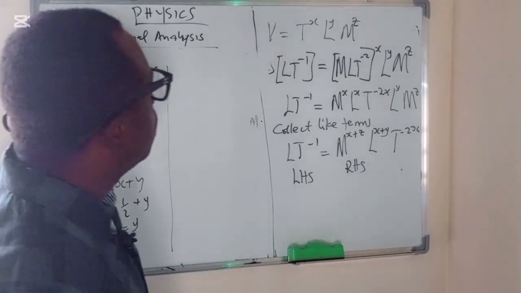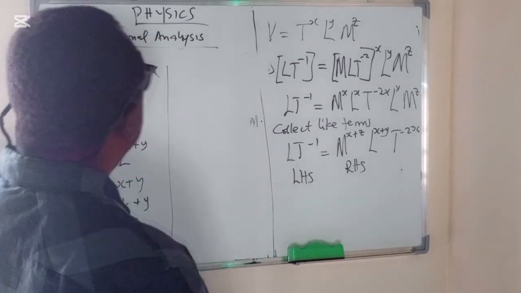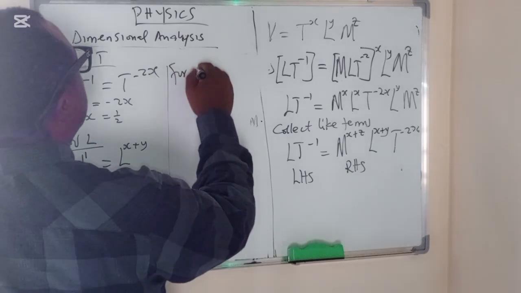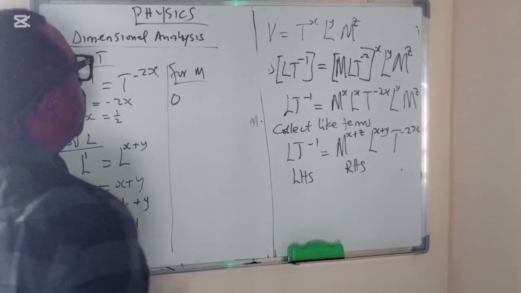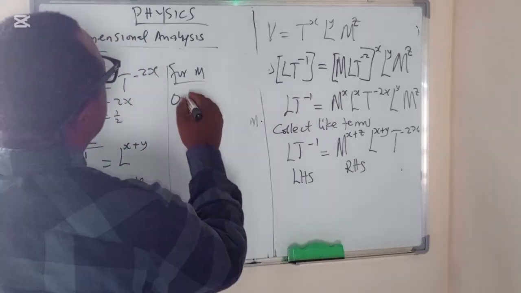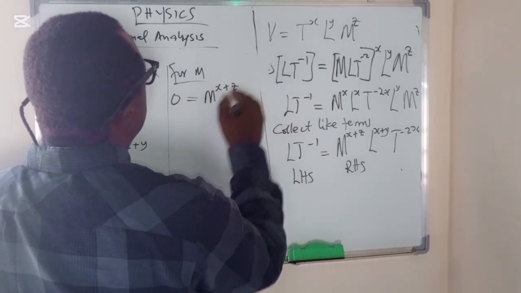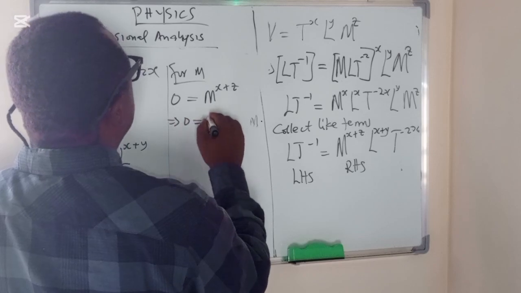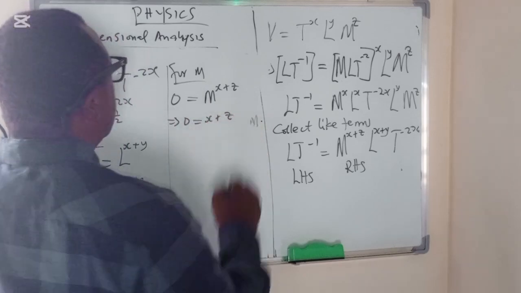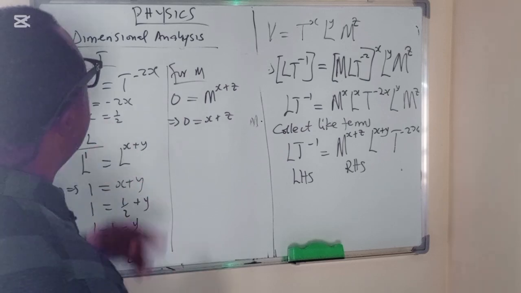So we'll move to the last one. On the left hand side, that is for M, we don't have anything. For the right hand side, we have M raised to power x plus z. So we can write this as 0 equal to x plus z. Already we have determined x as half.